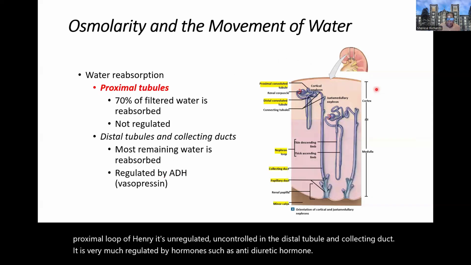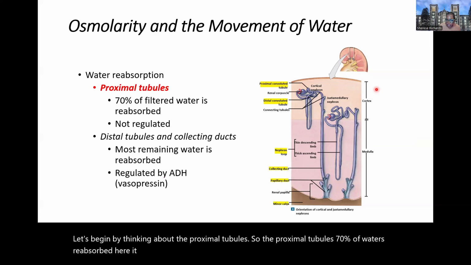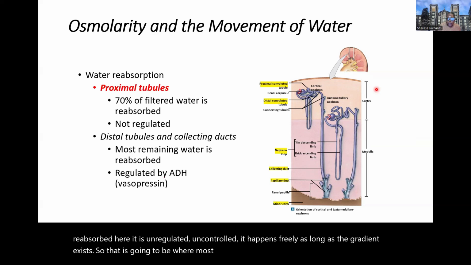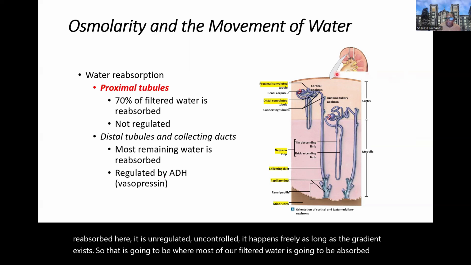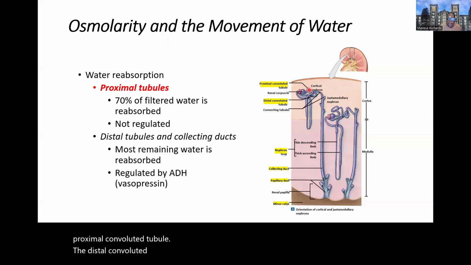Let's begin by thinking about the proximal tubules. So the proximal tubules, 70% of water is reabsorbed here. It is unregulated, uncontrolled. It happens freely as long as the gradient exists. So that is going to be where most of our filtered water is going to be absorbed in that proximal convoluted tubule. The distal convoluted tubule and the collecting duct, again, this portion is regulated reabsorption.